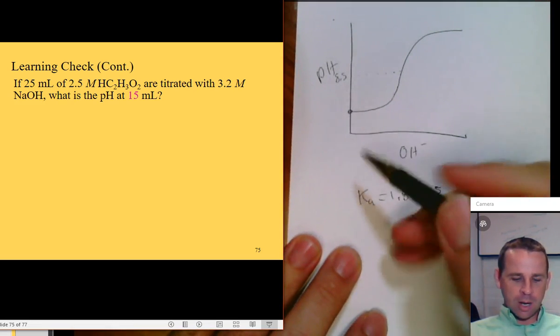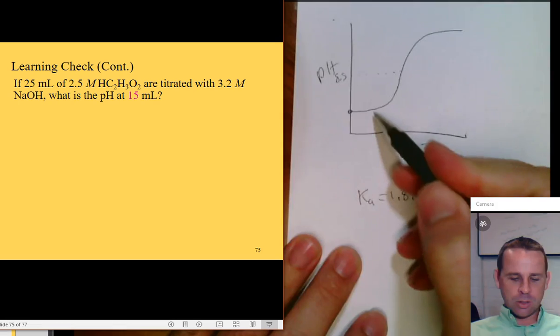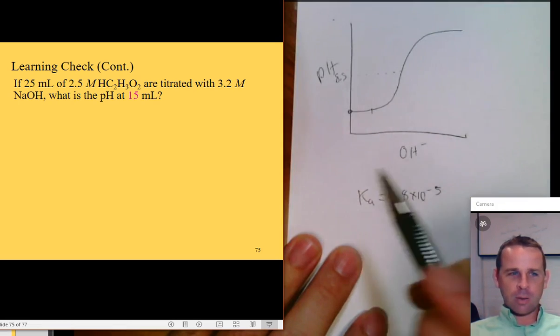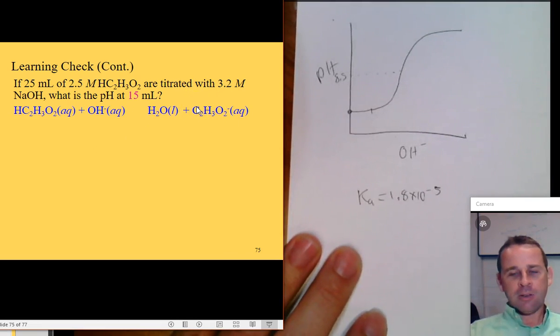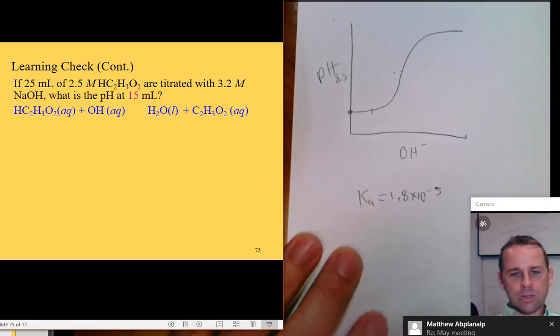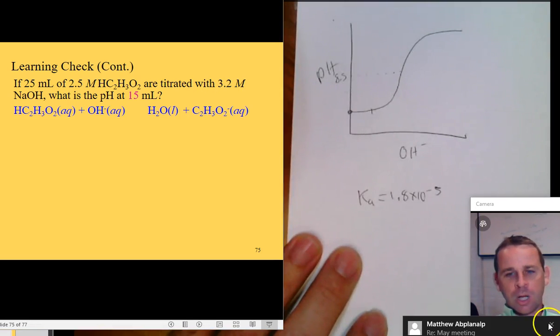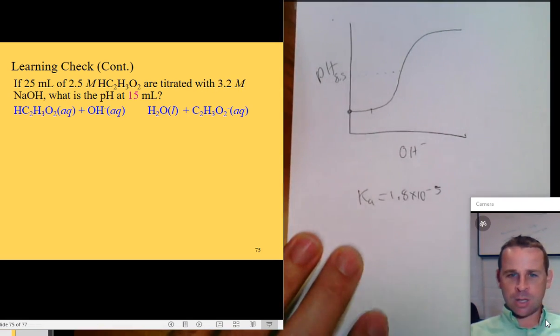Well, it's not that simple here in this weak acid scenario, because when you have a weak acid, for all the base that you add, you're actually converting that weak acid to, here we have it right here, its conjugate base. And that conversion then results in a scenario where you have weak acid and its conjugate base, and that is a buffer. So we can't just identify how much acid is left over and do an ICE table.